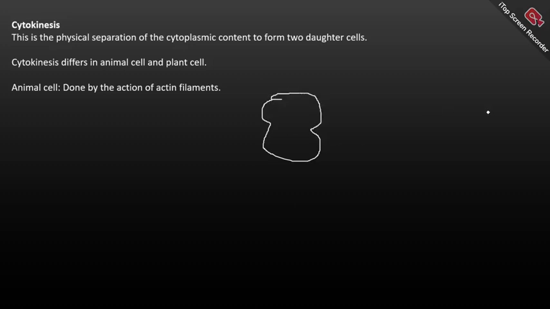When it pulls the cell inward, it forms the cleavage furrow. This will deepen, continue to deepen, become tight, and finally the cell is going to be broken into two daughter cells.